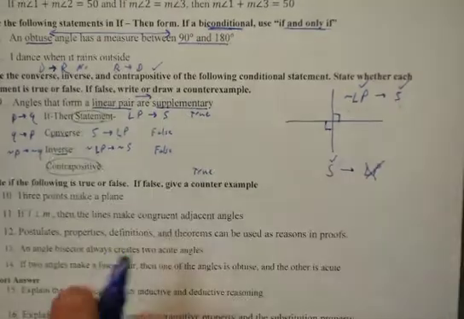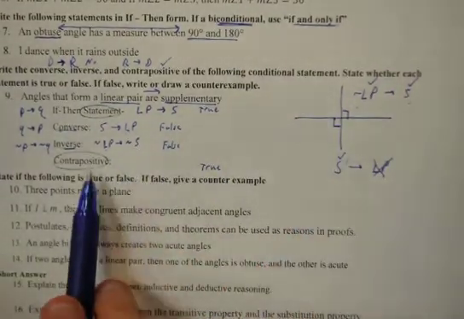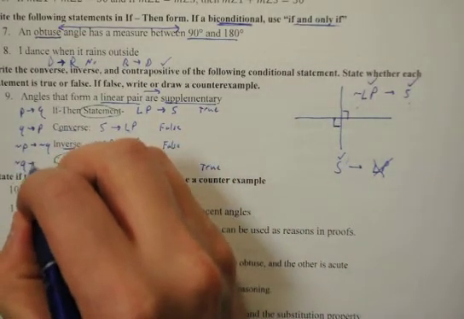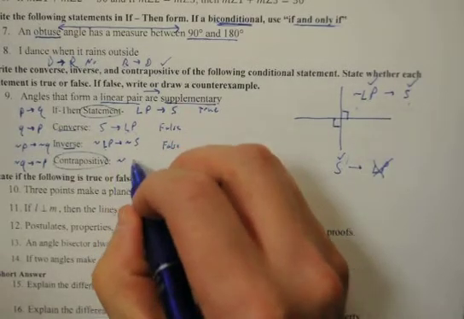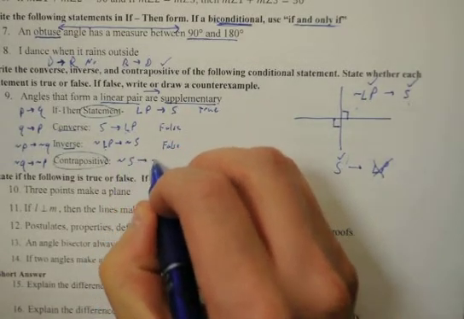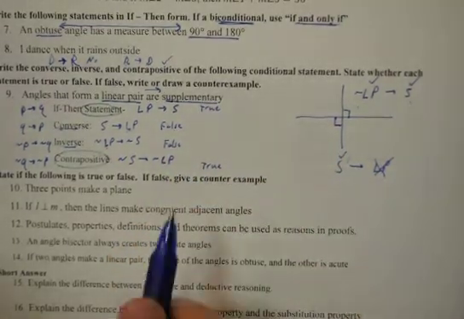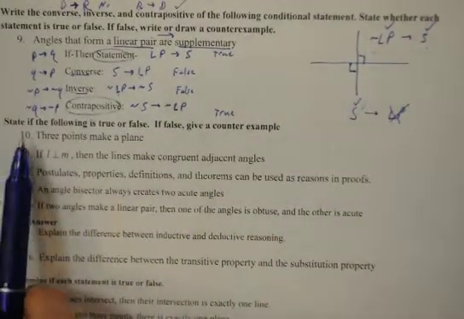So this says that they're not supplementary, and here's an example of them being supplementary. And then the contrapositive is not Q implies not P, which for us would be not supplementary implies not a linear pair. And that is true. If you're not supplementary, you can't be a linear pair, because by definition, linear pairs have to be supplementary. So, alright, next.